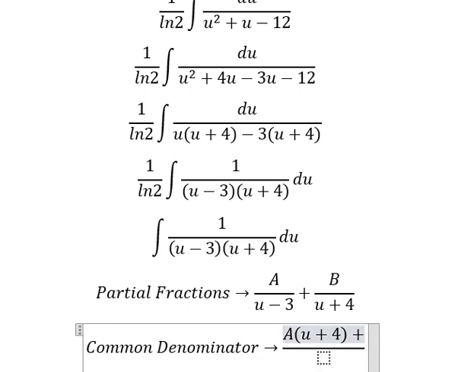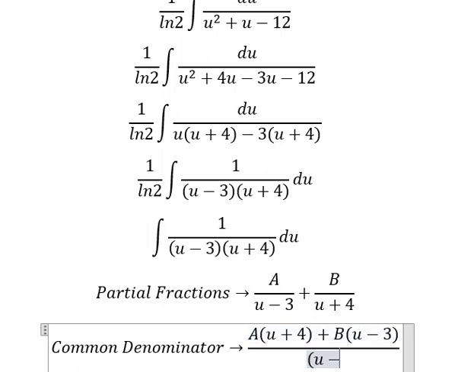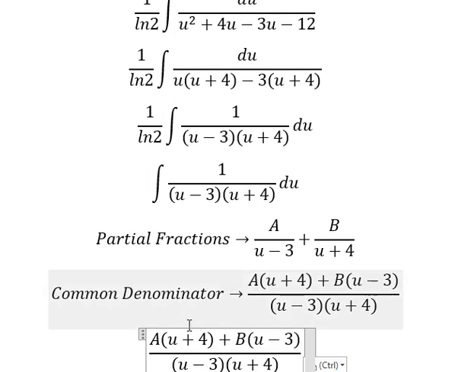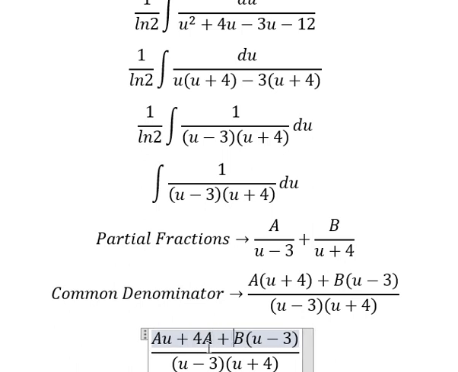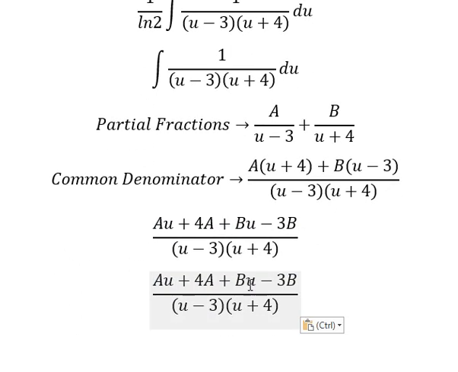So capital B multiplied by u minus 3. Next, we need to expand. Next, we need to arrange based on the terms of u.